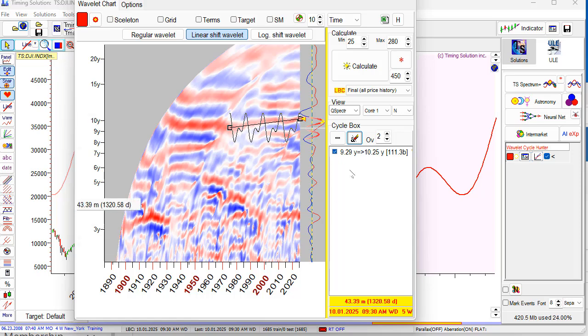Okay, and you see it shows that the period changed from 9:29 till 10:25. By the way, when it happens, it happens in 1974. Oh, it's very interesting.